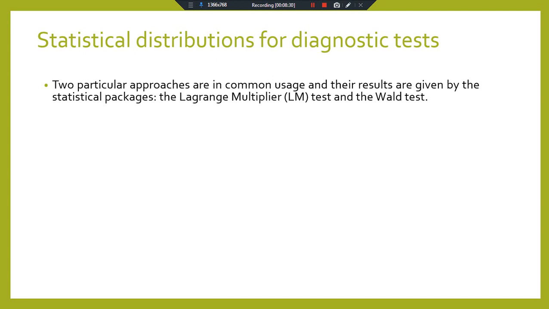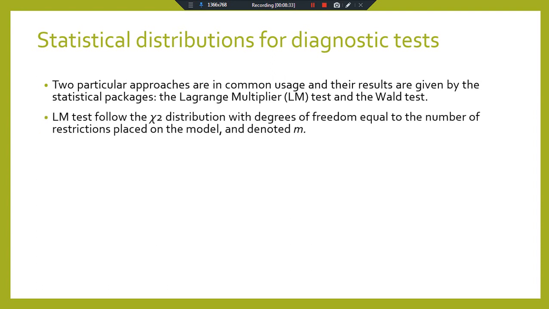The LM test technically follows the chi-square distribution with degrees of freedom m, equal to the number of restrictions placed on the model, and we denote it m. You have gone through the t test and F test: the t test has degrees of freedom T minus k, and the F test has degrees of freedom m and T minus k. But the chi-square distribution follows the degrees of freedom m.